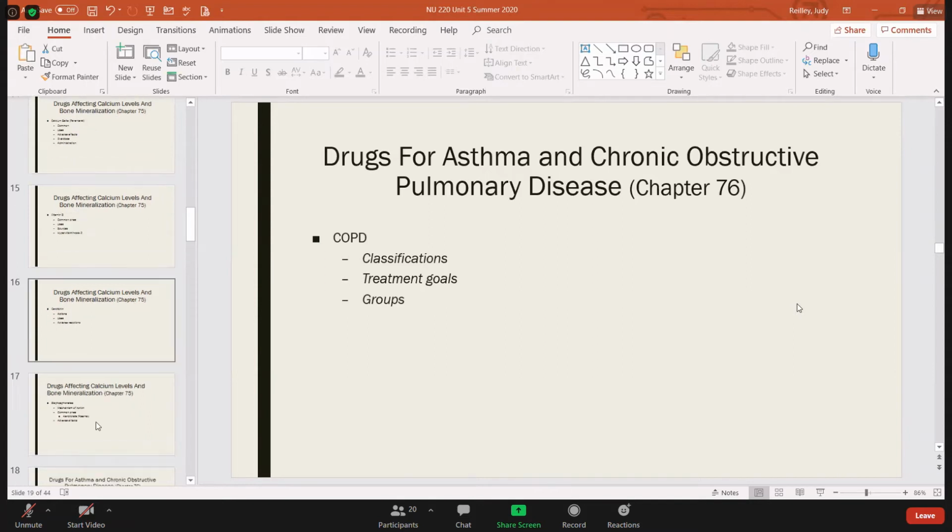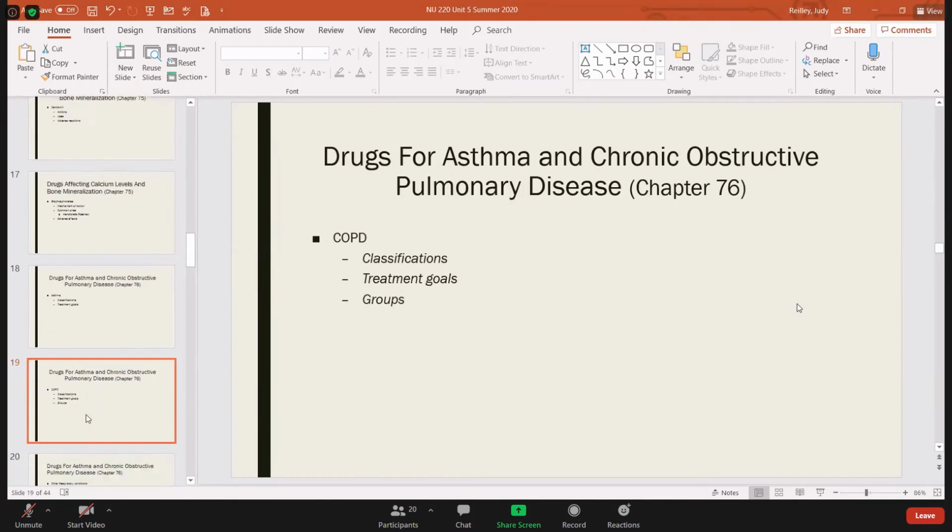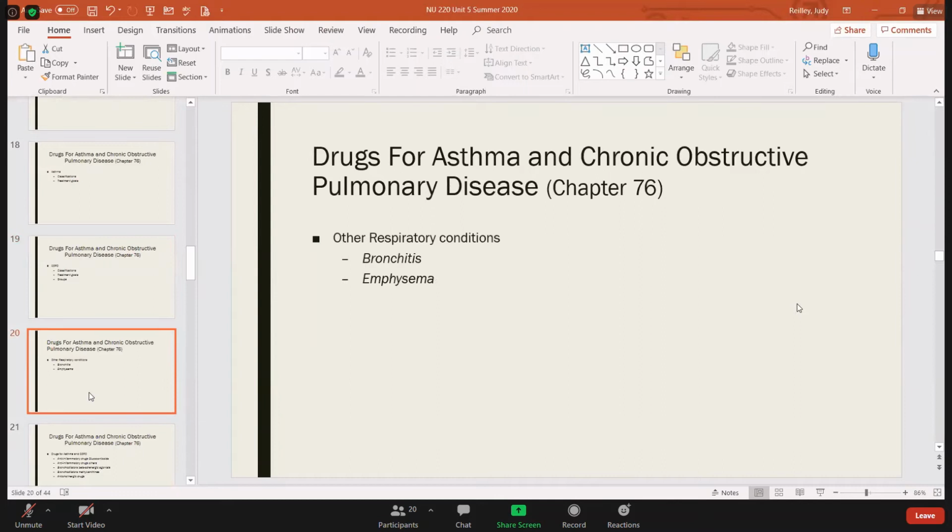So when we look at the definitions of bronchitis and emphysema, we're looking at bronchitis being chronic cough and excessive sputum production.